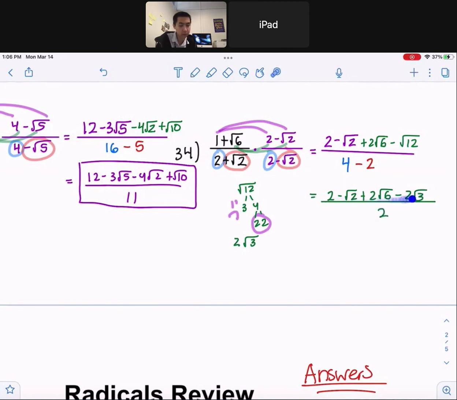Well, we can't combine the tops because none of these have the same radicand. And we can almost divide all of these by 2, but you guys, this coefficient right there in the front of that radical 2, that's really a negative 1. And negative 1 can't be divisible by 2. So that will be our final answer right there.